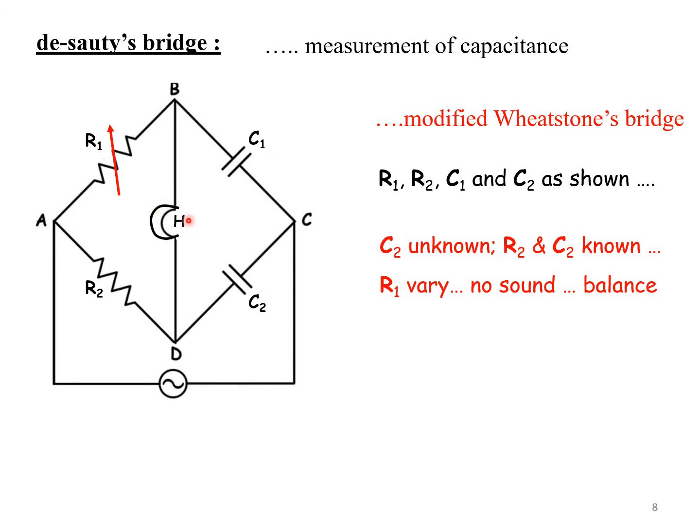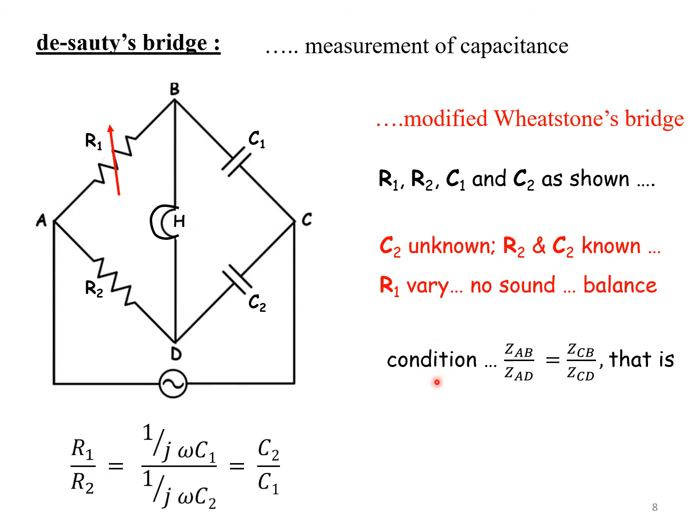Then we can make use of the condition for balance. In general, we can say the ratio of the impedances of the two sides is equal to the ratio of the impedances or the reactances of the corresponding sides. So Z of AB divided by Z of AD is going to give us Z of BC divided by Z of CD. But we know Z of AB is a pure resistor, so it is simply R1 by R2.